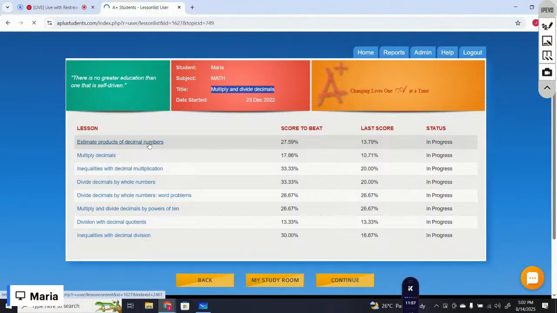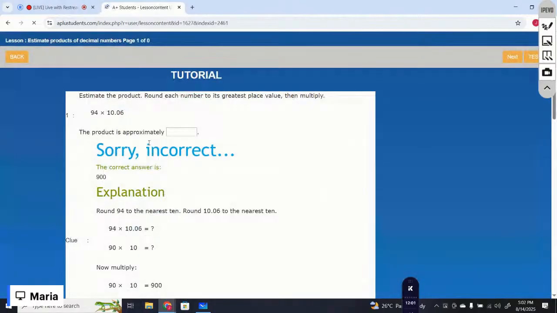Let's just start with the lesson. Estimate the product: round each number to its greatest place value, then multiply.